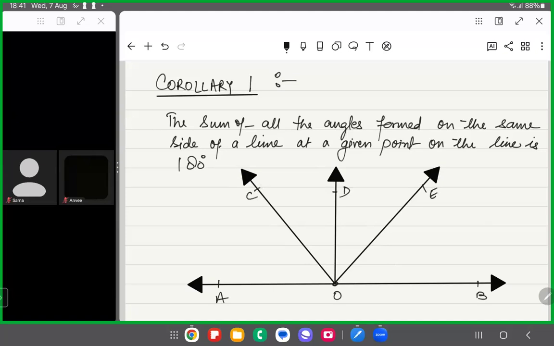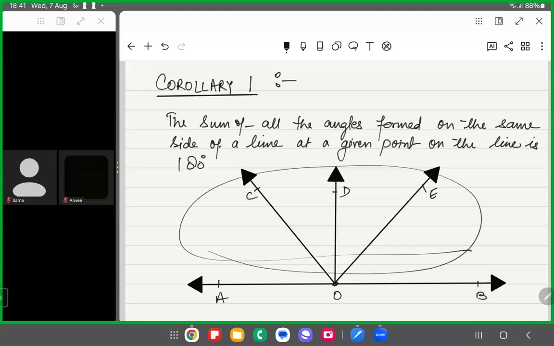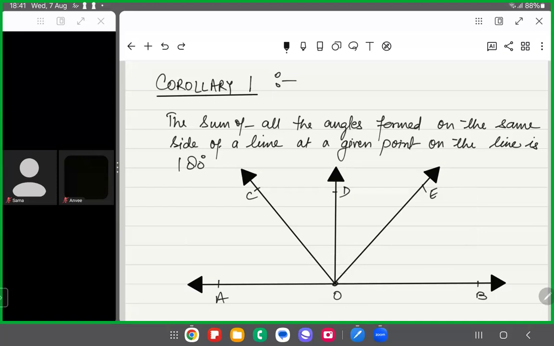Are you getting that? So according to this corollary, the sum of all these angles formed on the same side, same side means सारे एक ही side में, and they are at one common point on the line, then their sum will always be equal to 180 degrees.